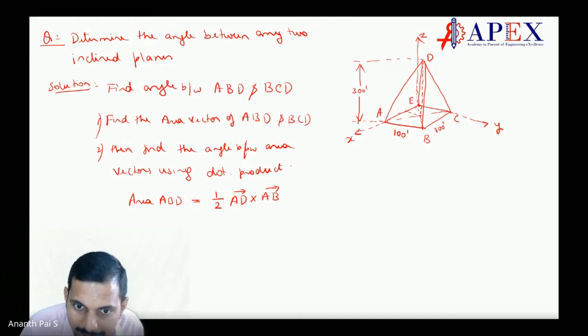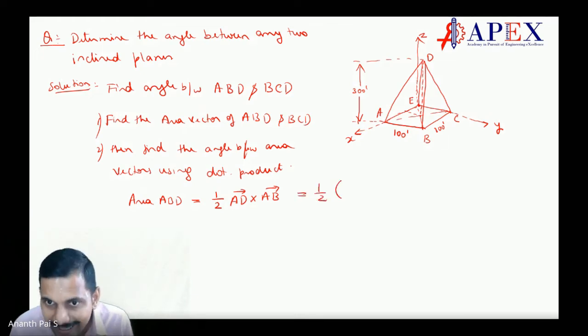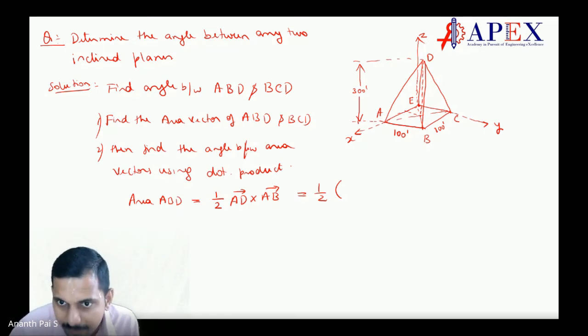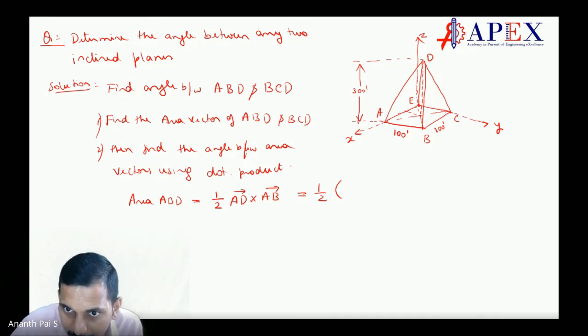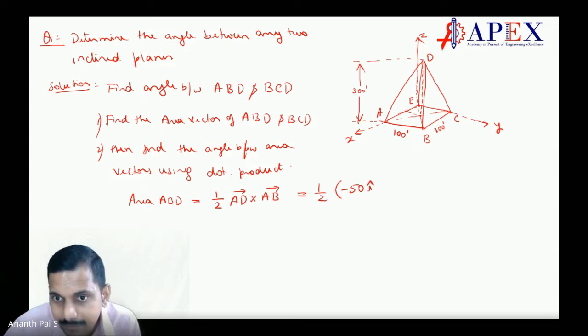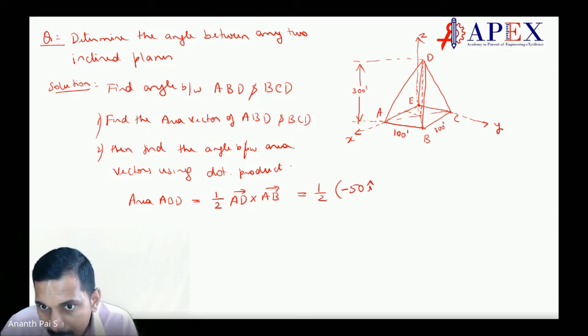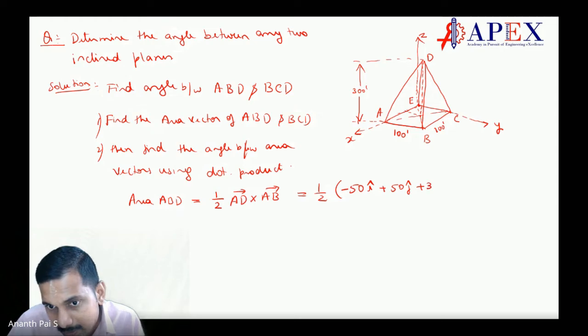What is AD? Half into, what is AD? AD can be written directly as A to D. See, it is at 50. It's here, right? So along X, I have to go minus 50, correct? So minus 50i, makes sense, students? If I am wrong, you tell me. Plus 50j, plus 300k, correct?